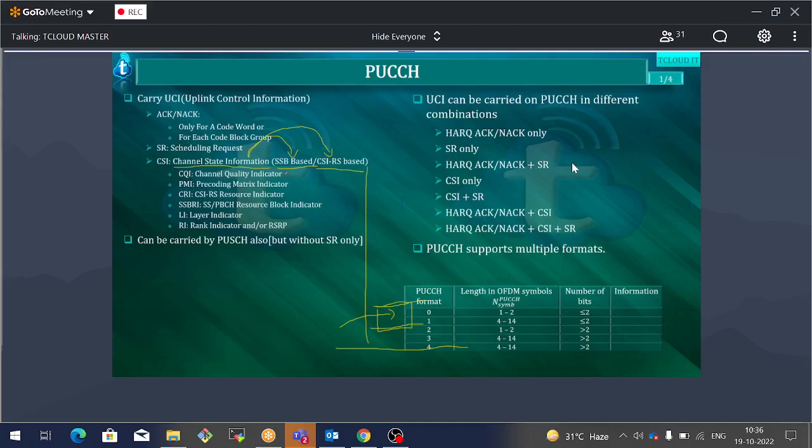If mobile equipment is reporting a CQI value, indirectly it is suggesting to the network what modulation and what coding rate it can use. Each CQI value is typically associated with the modulation scheme possible for that particular CQI value and the coding rate. It has a link. We'll see that linking later.